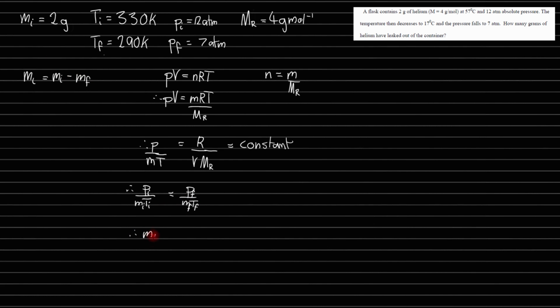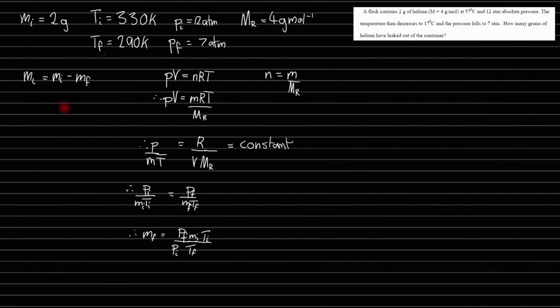So therefore, mass final is equal to, well, multiplying out both sides and dividing through by mass initial, we'll have pressure final divided by pressure initial, times the mass initial, times the temperature initial, and we'll have the temperature final still there.